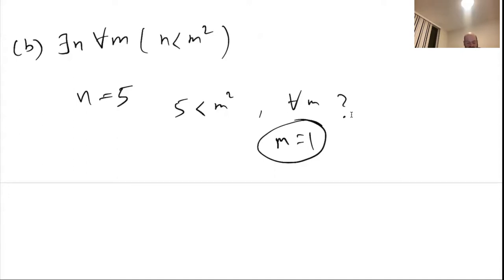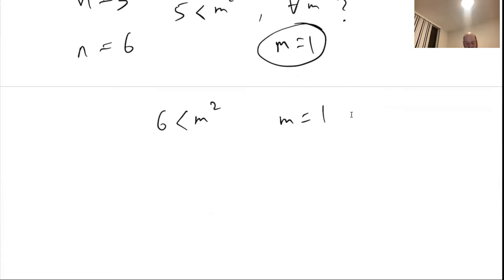What about n equals 6? 6 less than m squared. Again, not true because m equals 1, 1 squared is not bigger than 6. So for 5, 6, 7, and so on, this is not true. But what about numbers before 5? For example, 4 less than m squared.